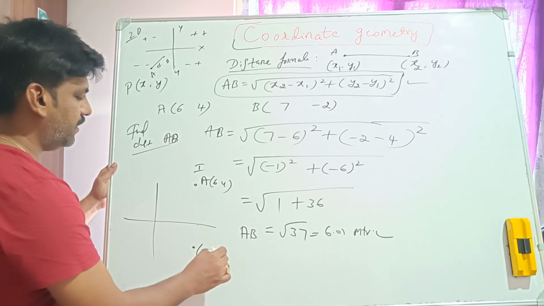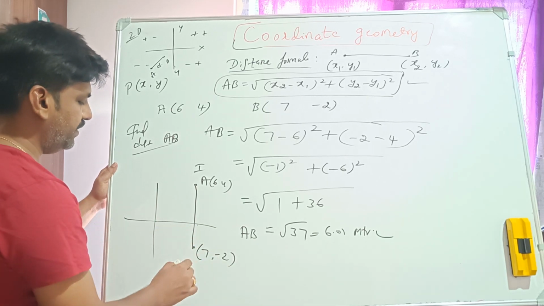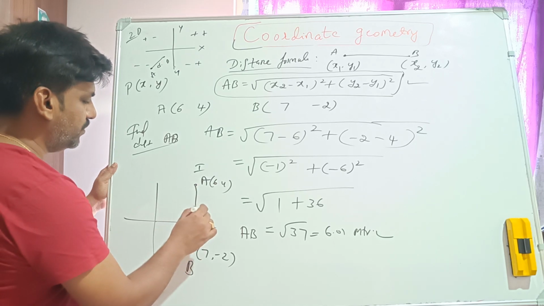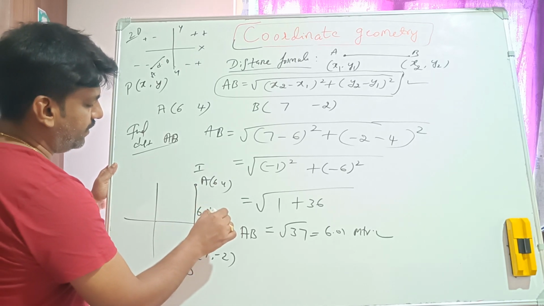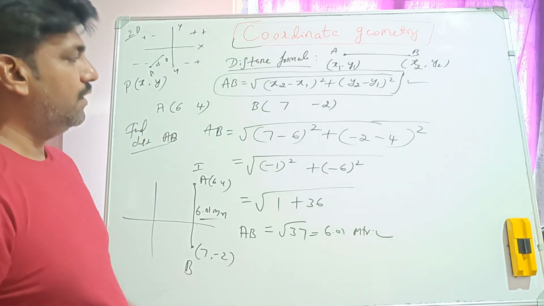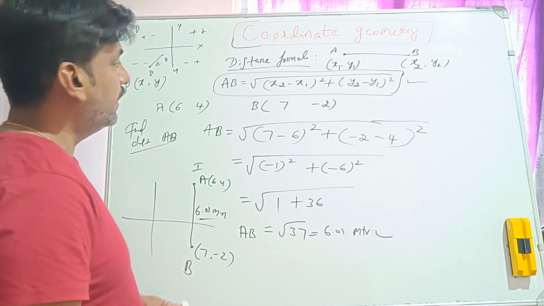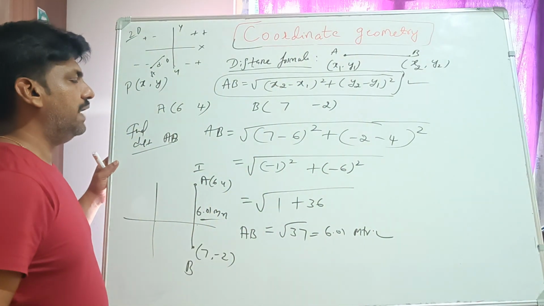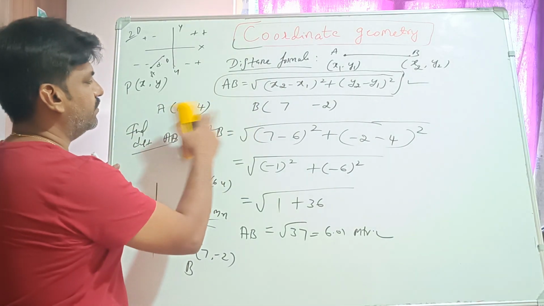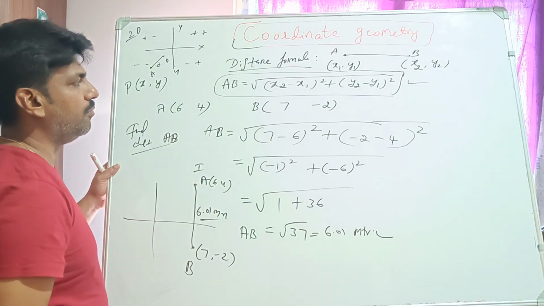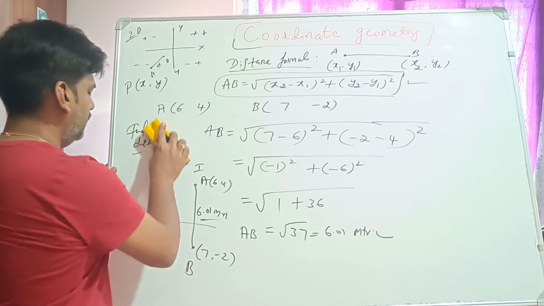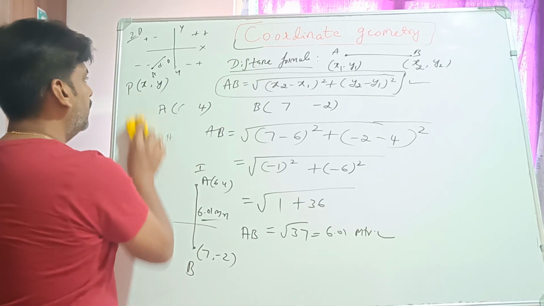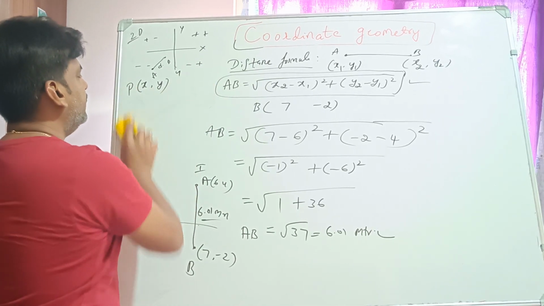The distance between these 2 points is approximately 6.1 meter. That is the meaning of finding the distance between 2 points in coordinate geometry. So this is a simple problem. Like this, you can take whatever combinations of A and B and solve the problem, right? So that is the distance formula between 2 points.